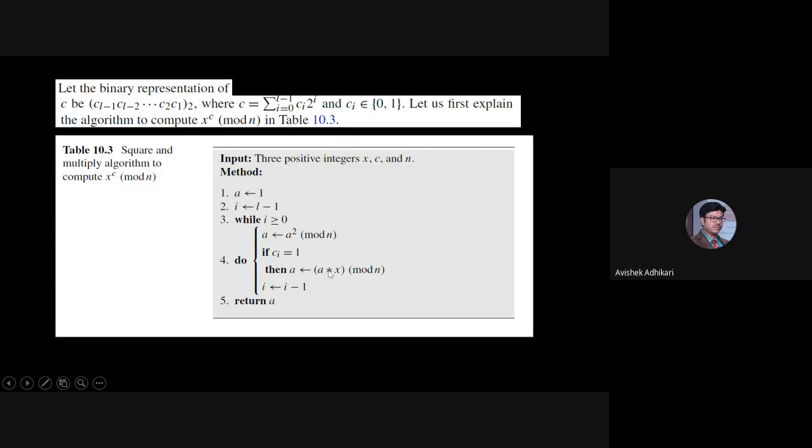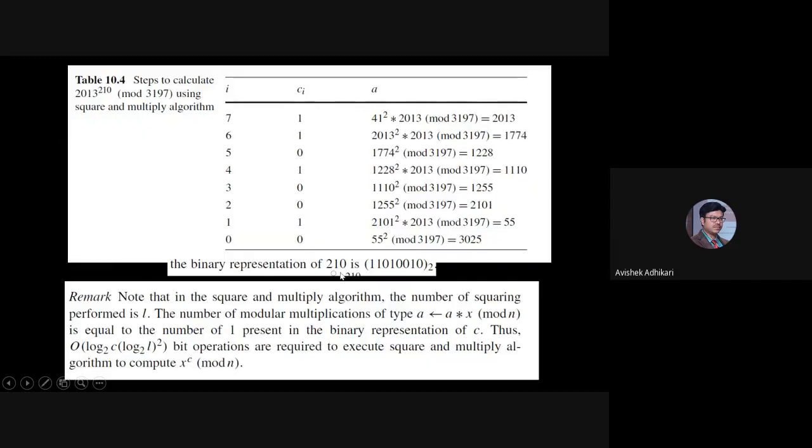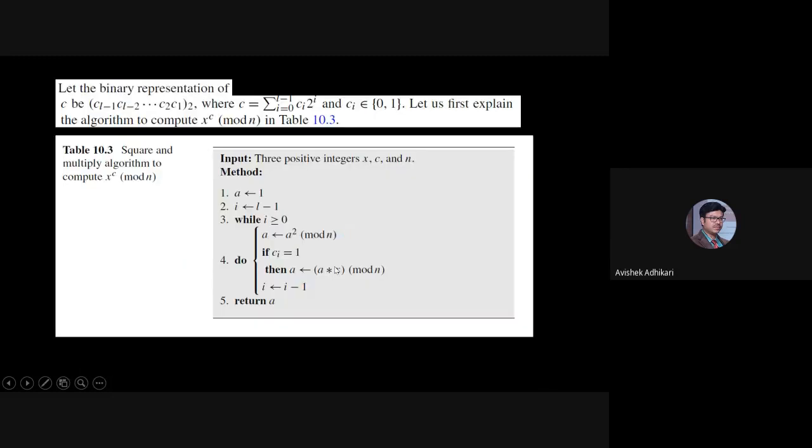That's why it's known as square and multiply. First you are always squaring. If this value is 1, then multiply a with x. x is fixed. So you are not multiplying a with x always.